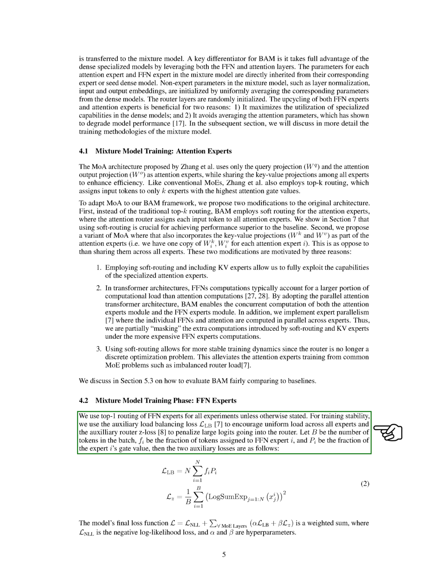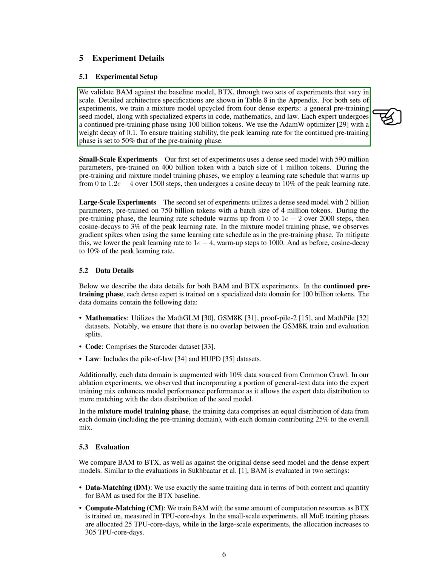Section: Experimental Setup. In this section, we validate our model, BAM, against the baseline model, BTX, through 2 different scales of experiments. We provide detailed architecture specifications in the appendix. For both experiments, we train a mixture model that combines 4 dense experts, a general pre-training seed model, and specialized experts in code, mathematics, and law.